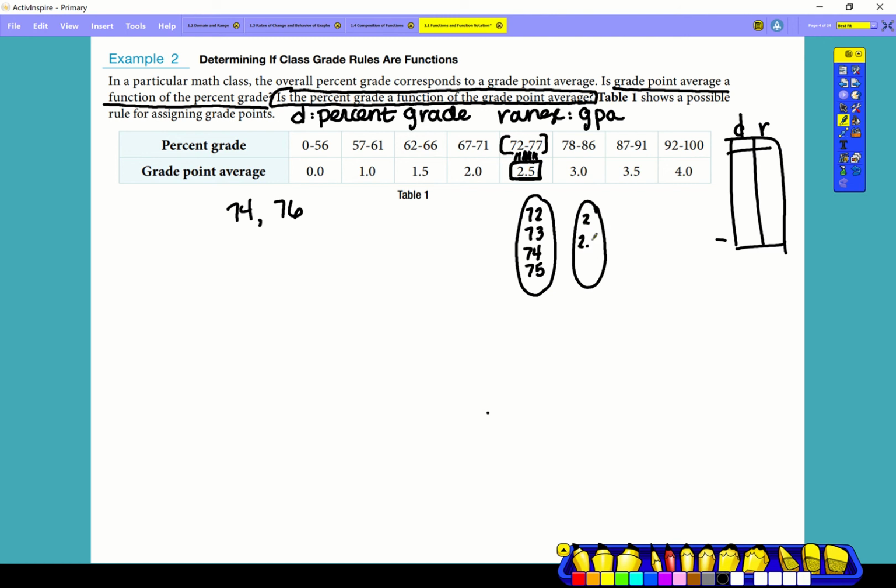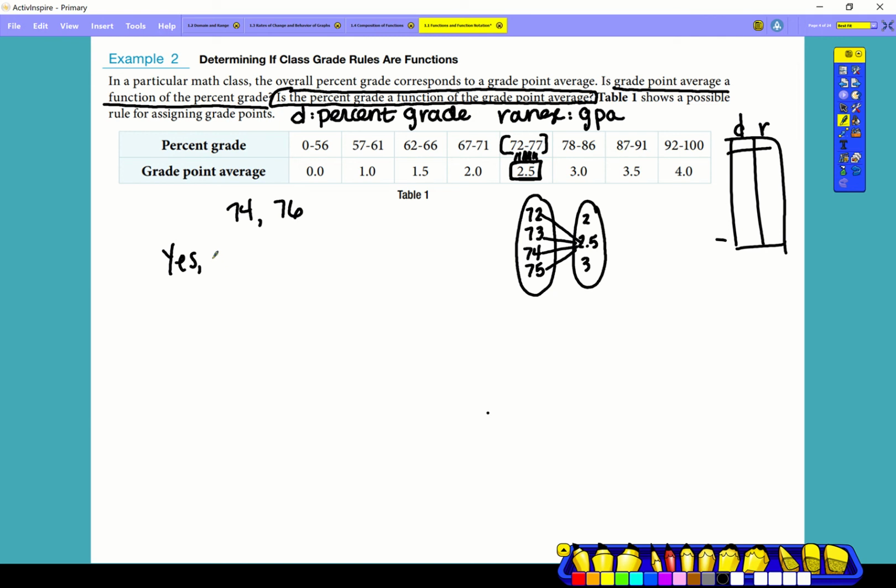So if we had to write something like this out, we had 2, 2.5, 3, right? All of these are going to go there. Is this a function? And you can look back at your notes, pictures. Turns out it is. Feel free to pause these videos at any point if you need some more time to write things down or work on examples.